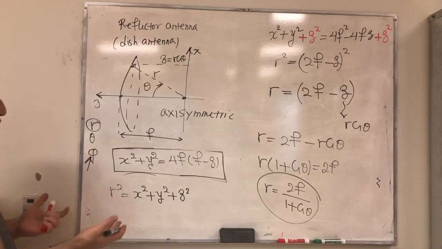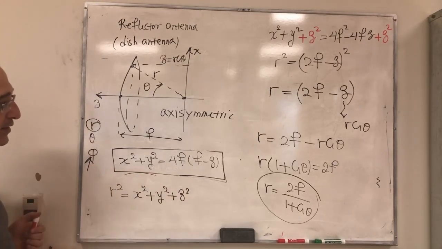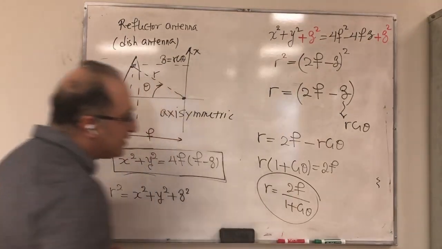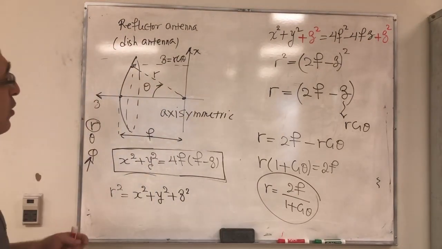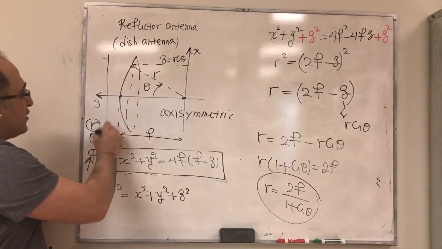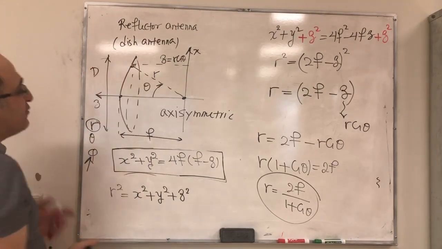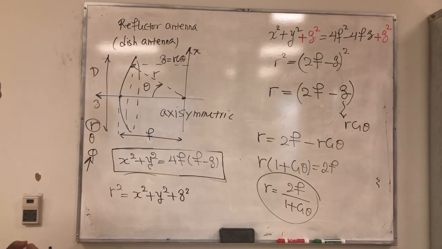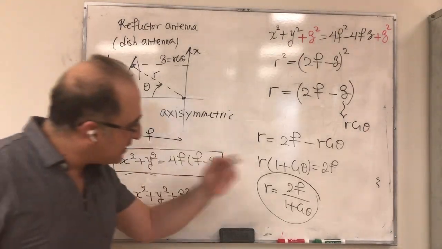That would be an advantage of this representation compared to the other. You don't have phi, so you just need f to represent it. You also still need the diameter to see how big your reflector is, or where mathematically to truncate your curve. So that's our spherical coordinate.